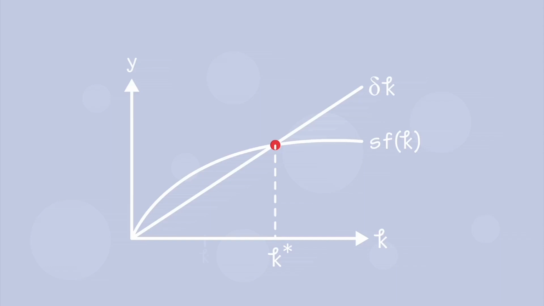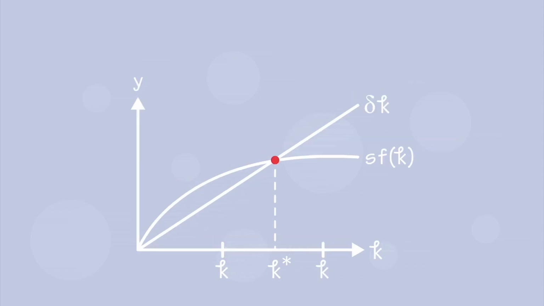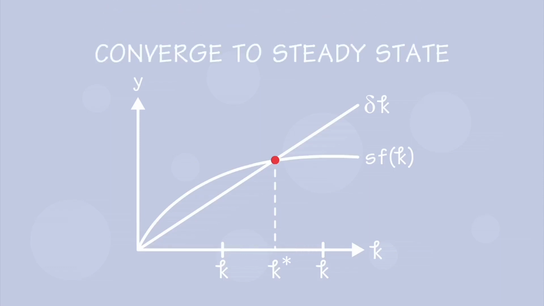On the other hand, if we end up on the left of the steady state, we would find that the investment is greater than depreciation, so the capital stock is gradually growing, pushing us toward the steady state. As we see, either way, we always end up converging to the steady state.